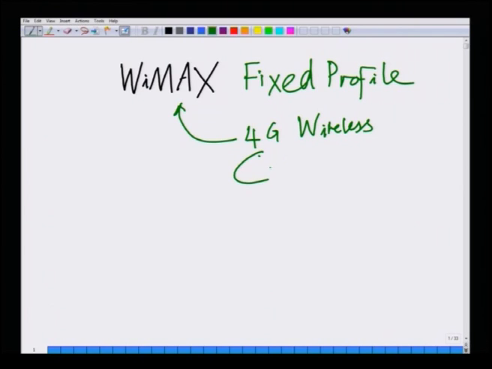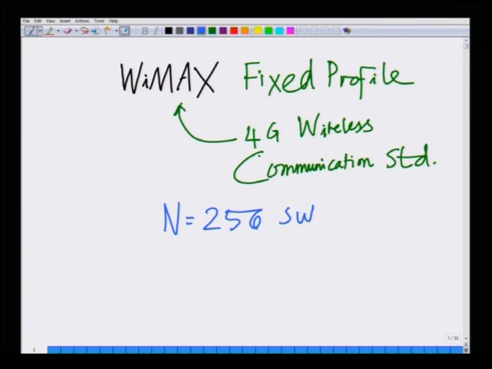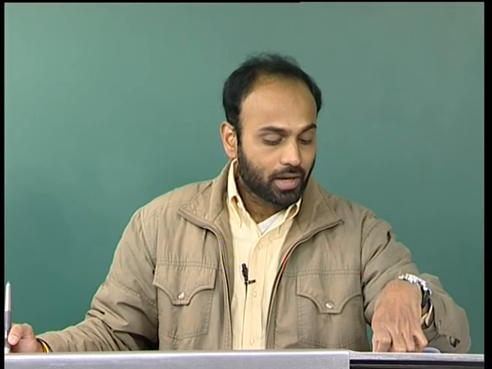And this fixed profile of WiMAX has n equals 256 subcarriers, and we also said that the bandwidth per subcarrier, that is Bs, is 15.625 kilohertz.